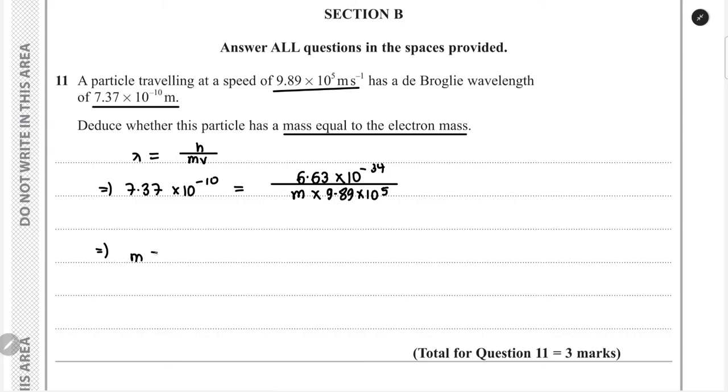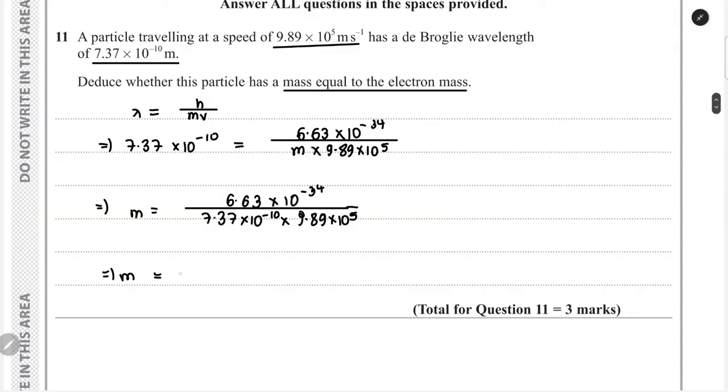From here I can move m over here and move the 7.37 down there. I'll get 6.63 times 10 to the power minus 34 over 7.37 times 10 to the power minus 10 multiplied by 9.89 times 10 to the power 5. If I calculate this, I'll get the mass. So the mass comes out to be 9.10 times 10 to the power minus 31 kg.